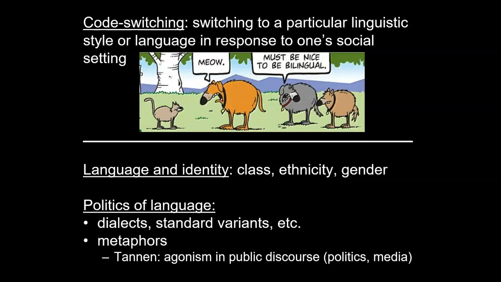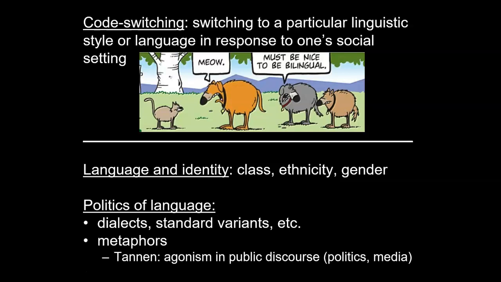So think, for example, about the difference between how you speak to your best friend versus how you speak to your grandmother versus how you speak to a teacher versus how you speak to a child. You may be speaking the same language. Any one of those people would understand what you were saying, but you will change something about how you communicate depending on that social context.